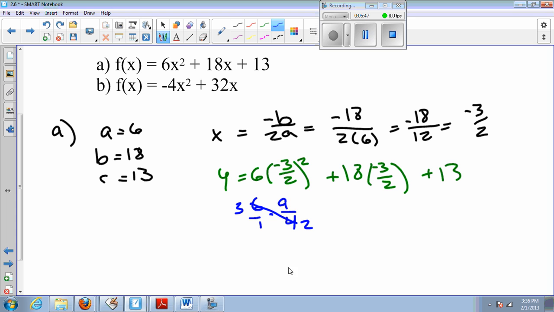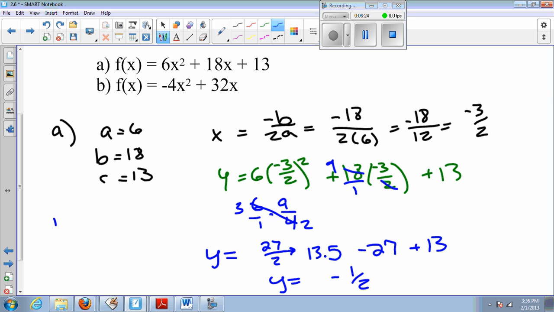Goes to 27 over 2, which is really 13.5. 18 times negative 3 halves, we're going to reduce to make it easier, goes to negative 27 and plus 13. So 13.5 minus 27 plus 13 goes to negative 1 half.